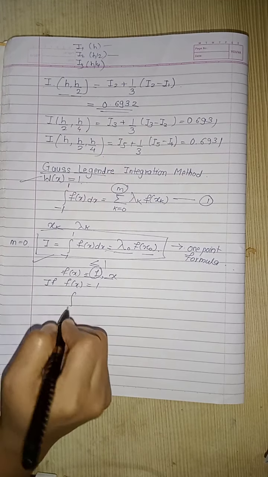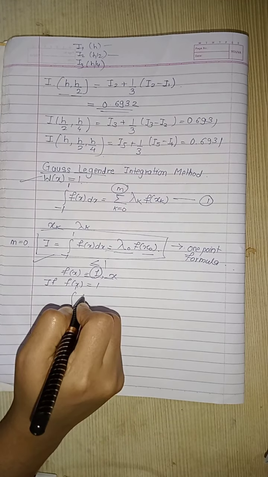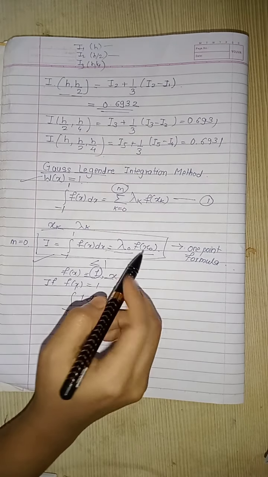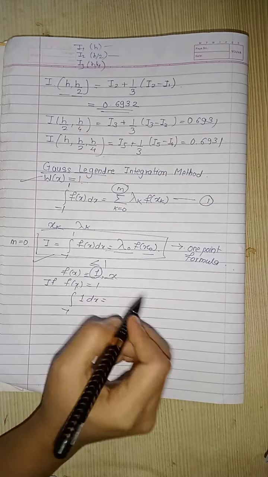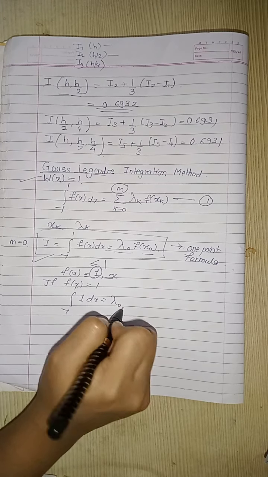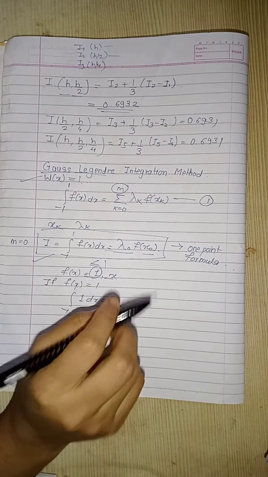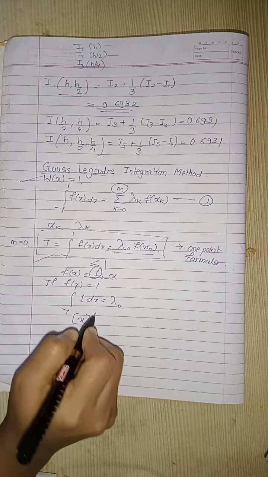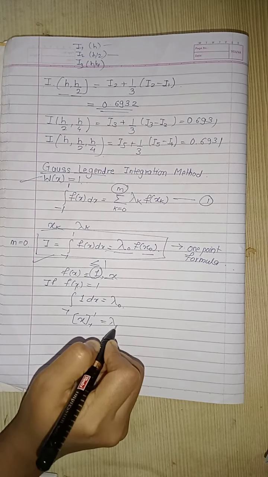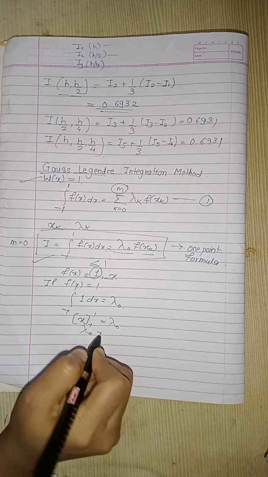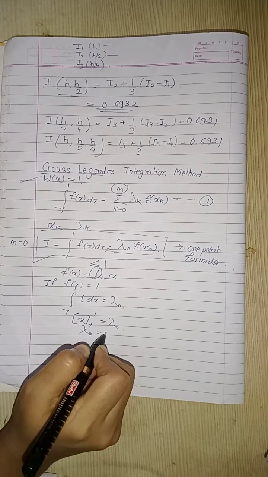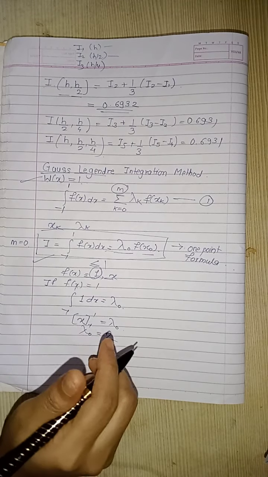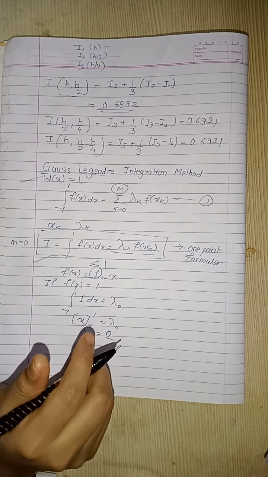Then we'll get -1 to 1 f of x, that is 1 dx, equals to lambda naught f of x naught, so we'll just get lambda naught. So this will become x from -1 to 1, which is equal to lambda naught. So lambda naught will be equal to 2. Okay, so this is the value of lambda naught.